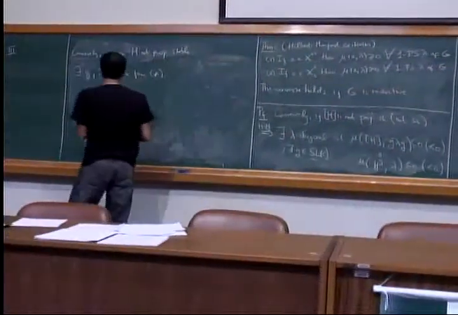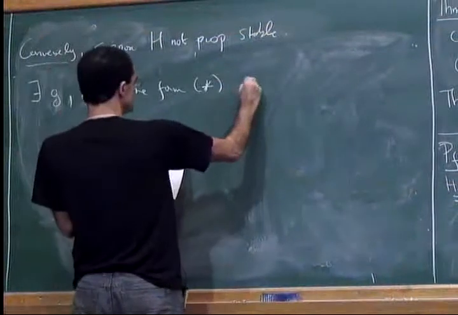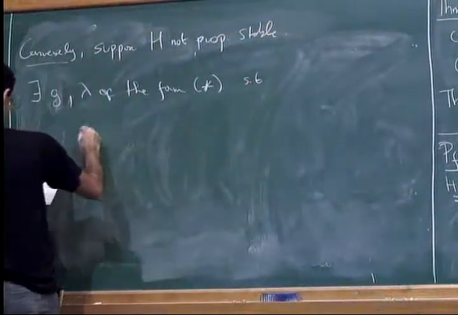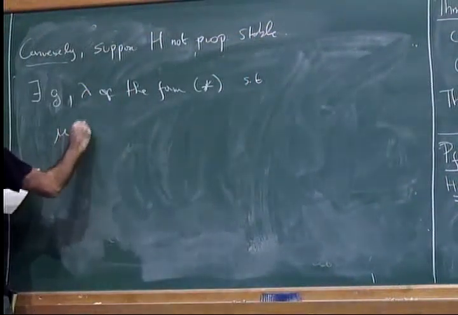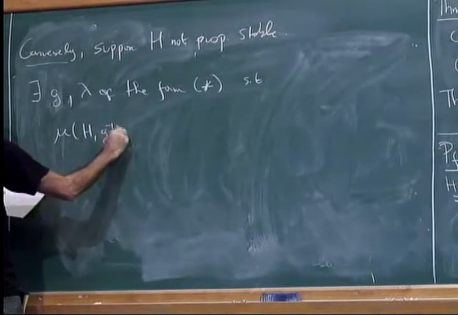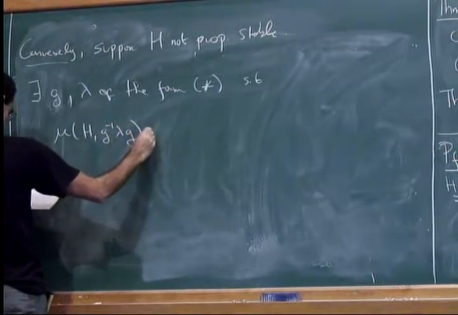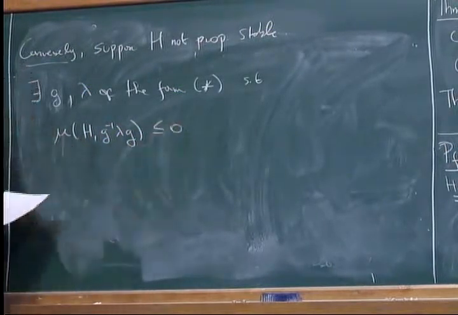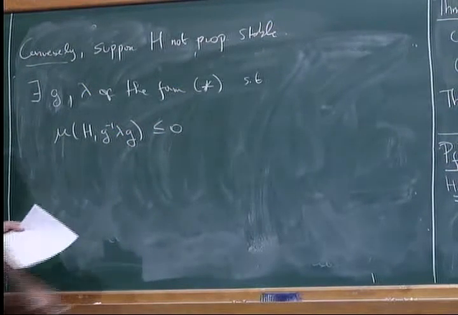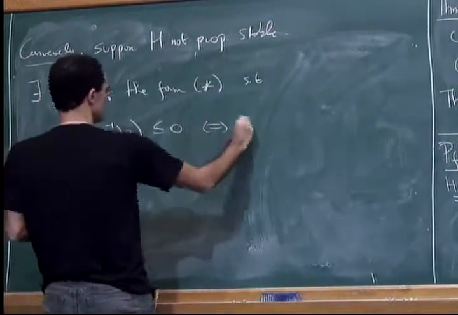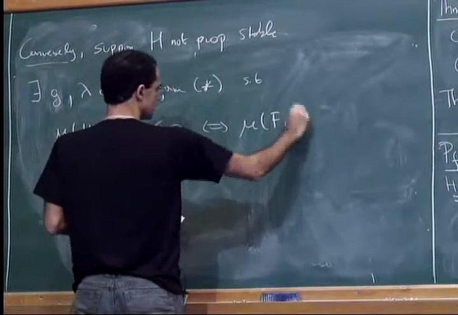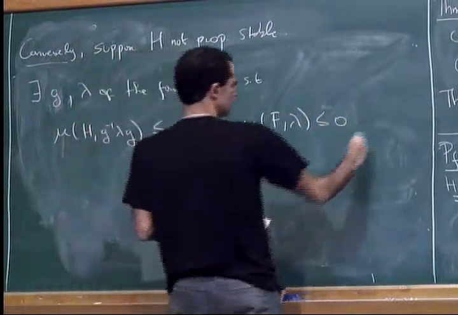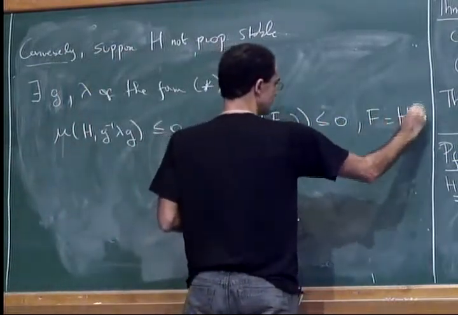So I have a G and a lambda such that mu of H G minus 1 lambda G is non-positive, or what's the same thing, mu of F lambda is non-positive for F equal to HG.